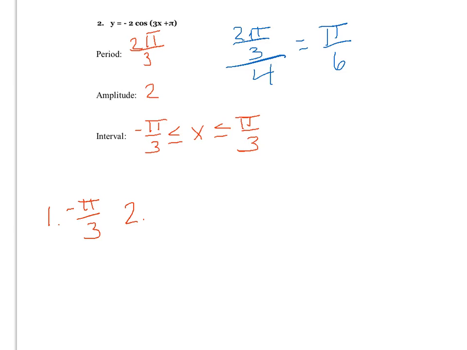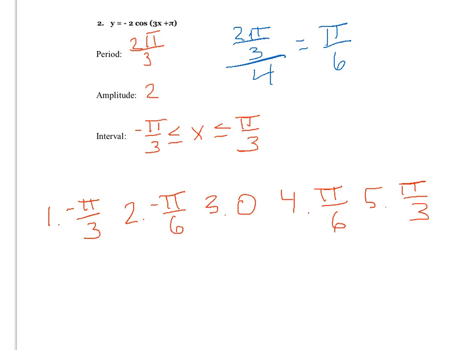So my second point, negative pi over 3 plus pi over 6, is going to be negative pi over 6. Negative pi over 6 plus pi over 6 is going to be 0. 0 plus pi over 6 is going to be pi over 6. And then finally, pi over 6 plus pi over 6 is going to give you pi over 3, which matches up with the end of our interval.